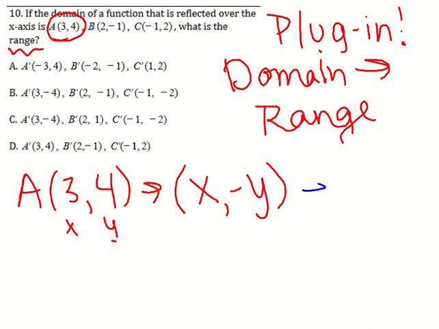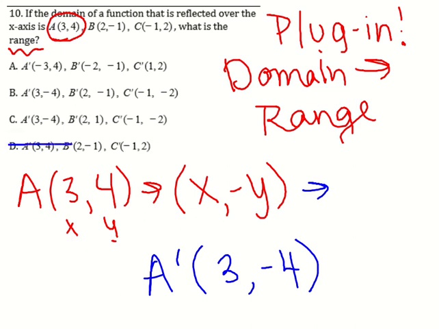So now when I take that and transform it, A prime is going to be x stays the same, 3, and my y changes sign. So now let's look at our answer choices. A prime is (3, negative 4). D is out and A is out.